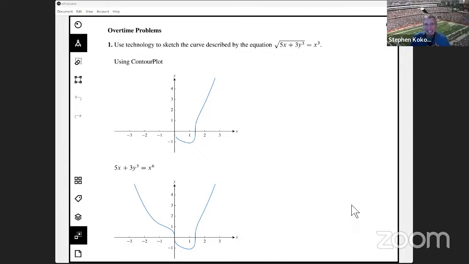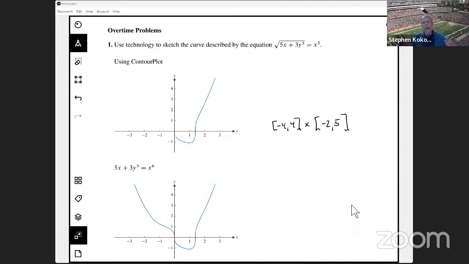My natural instinct was to use something in Mathematica called ContourPlot. I think the way this works, and I'm not positive about this, is you take a rectangle. My viewing window here, if I've got this right, is -4 to 4, and I think it was -2 to 5.